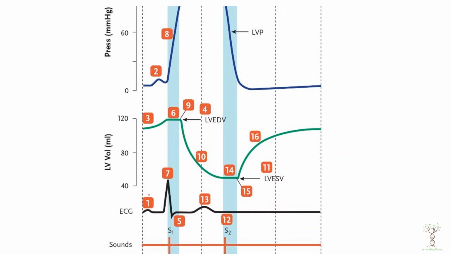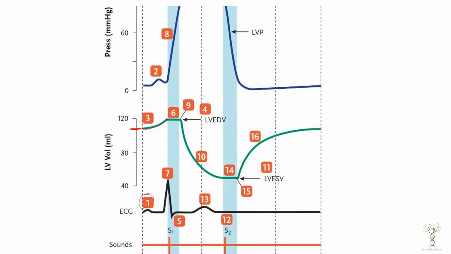Okay, so step one, we have our P wave. The P wave is going to cause depolarization of the atria, which causes the atria to contract. So what is happening with the volume of blood in the left ventricle before and after the atria contract? The ventricle is actually almost full before the atria even contract.